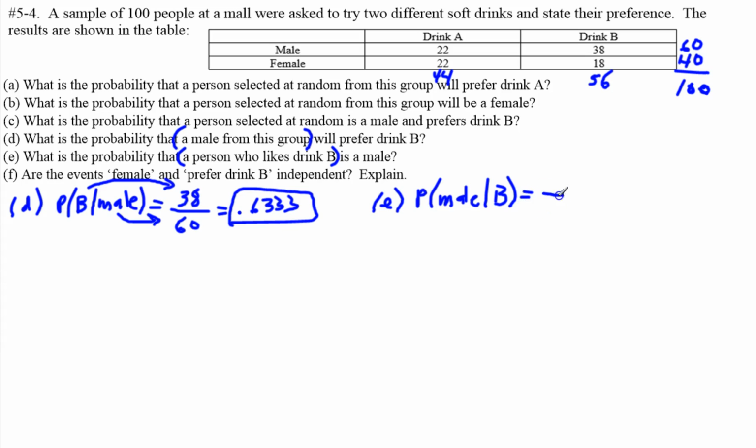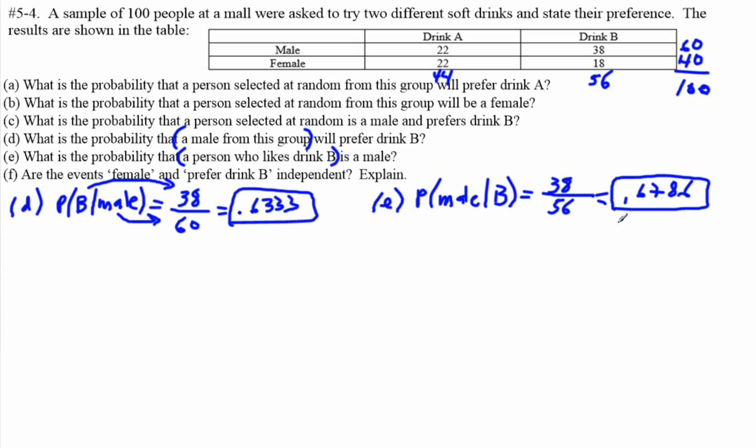And that means that the bottom of the fraction will be all of the people who prefer drink B, which is 56. And the top of the fraction will be the people in the B column who are male, which is 38. So this will be 38 out of 56, which turns out to be 0.6786. So you got this problem correct if you did that. The main thing is the bottom of the fraction changes.